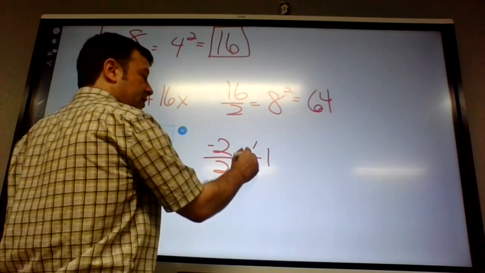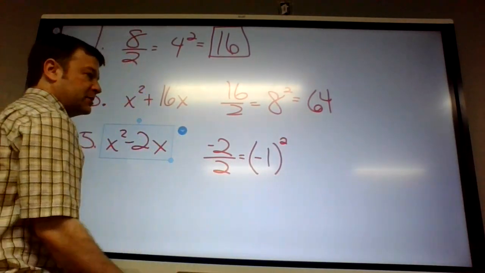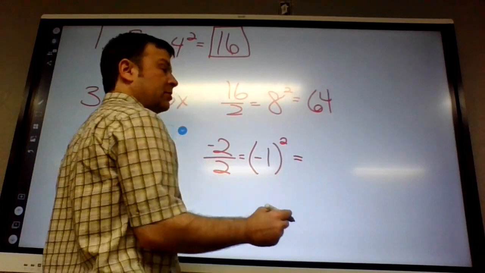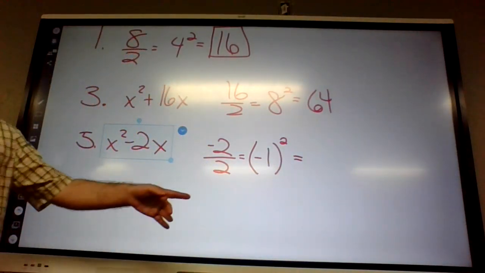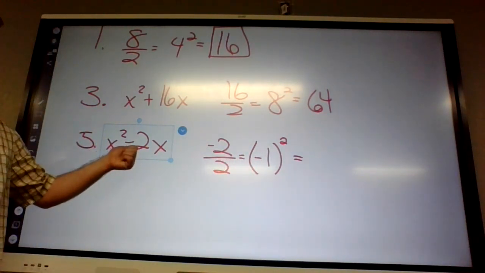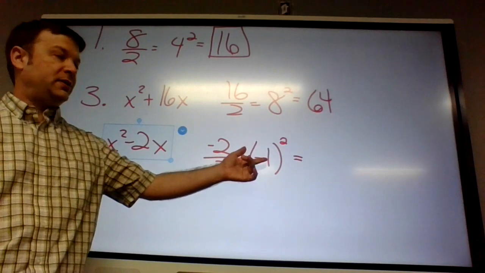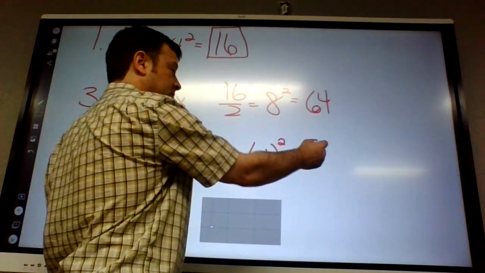Now, if we're always squaring it at the end, what's that tell us about our number? It's always gonna be positive. When you square a negative, it doesn't really matter if this is negative or positive, because if we square it at the end, it's always gonna be positive. So what's it in this case? 1.